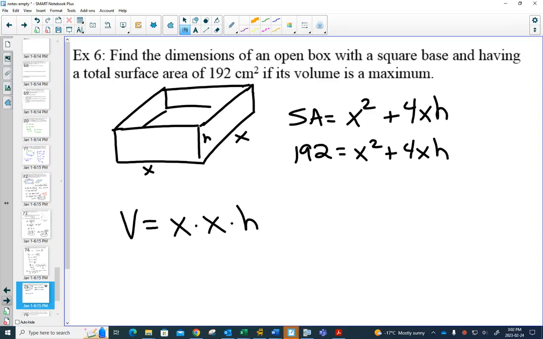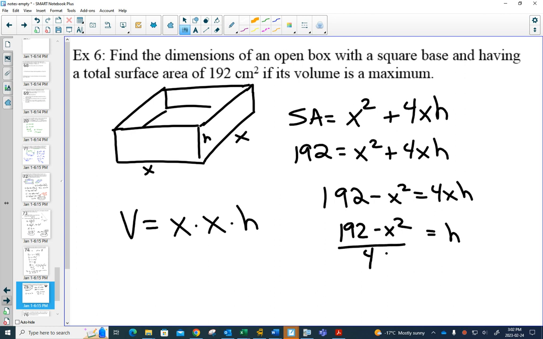And since we have two equations with two unknowns, I could take this surface area formula, subtract the x squared on both sides, then divide both sides by 4x, and I would get the height by itself.